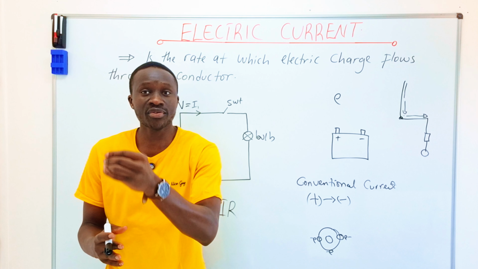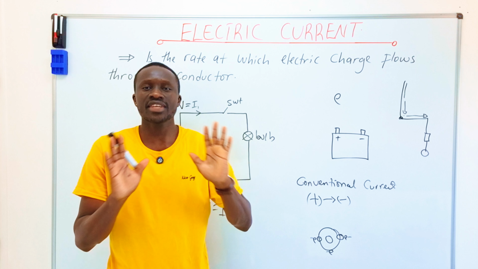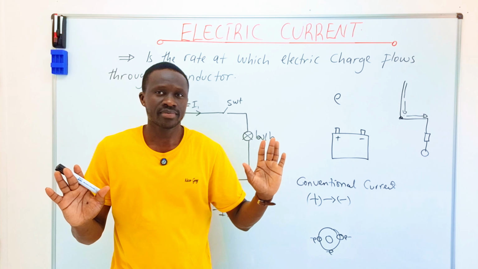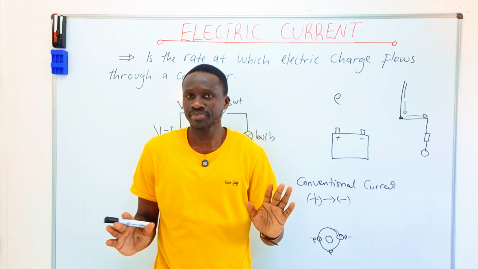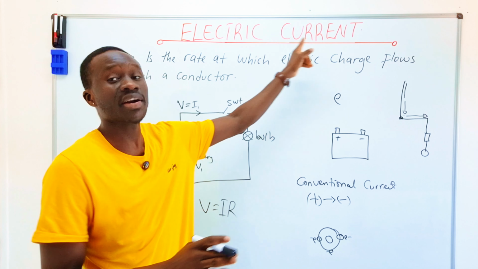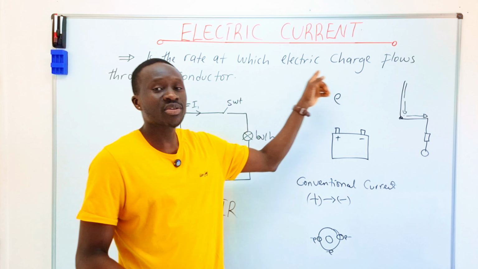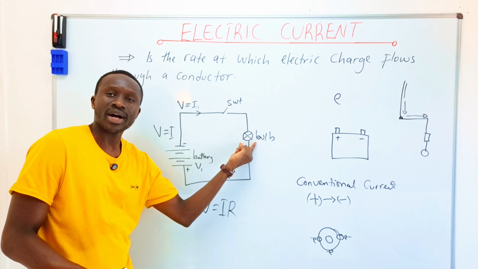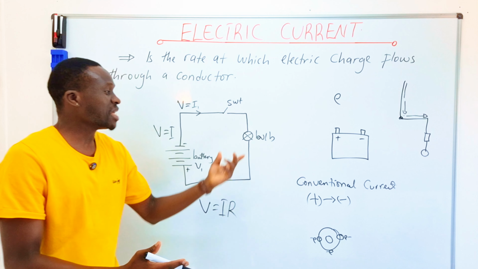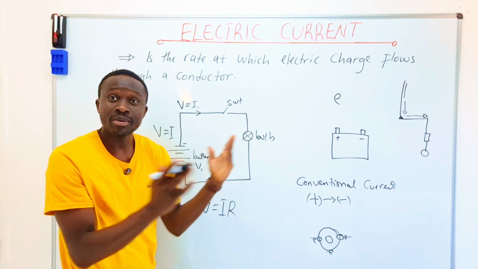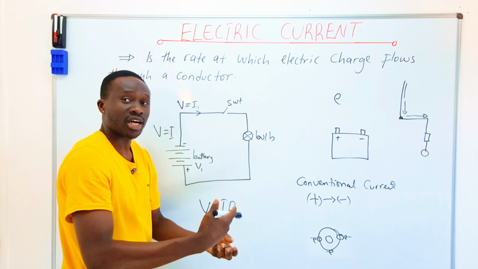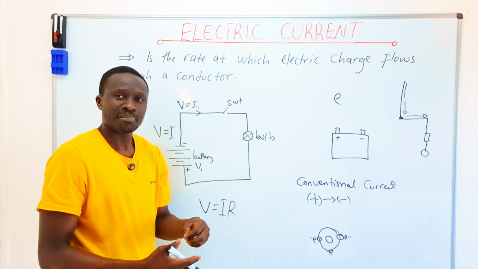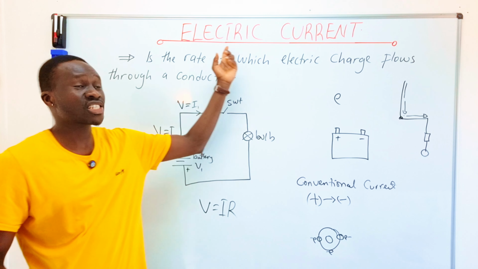Without the rate of charge flowing through a conductor, there wouldn't be lighting, TVs, or factories working. Everything would have shut down. Because of the presence of electric current, we shall have our bulb working. And we can also connect a motor, which changes electrical into mechanical energy to produce the products we see from the factories, meaning the factories work because of the presence of electric current.